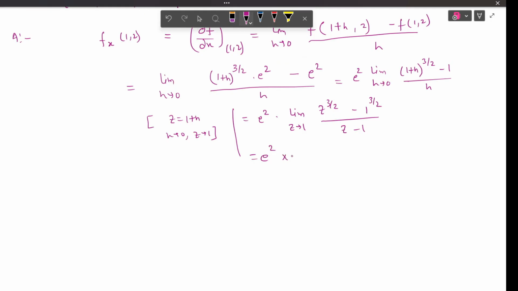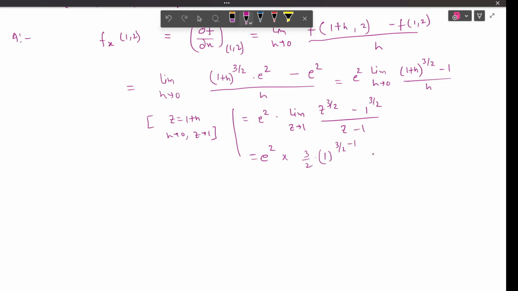This is e square multiplied by 3 by 2 into 1 to the power 3 by 2 minus 1, into a to the power n minus 1.